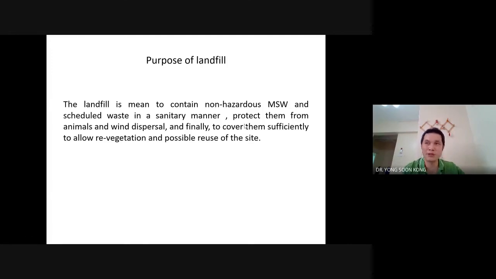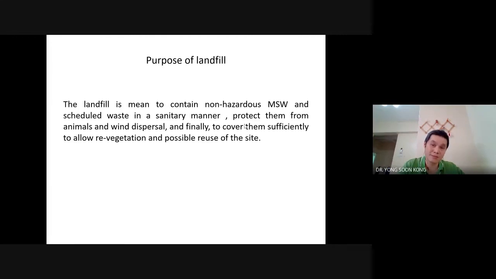Okay, purpose of landfill. Landfill is used to treat organic waste, and in this case we're talking about municipal solid waste. Assuming the most ideal municipal solid waste consists mostly of organic waste from food sources, it is very good for landfill. Why? All you need to do is pour all that organic waste in the landfill, close it, and let the bacteria do its job.